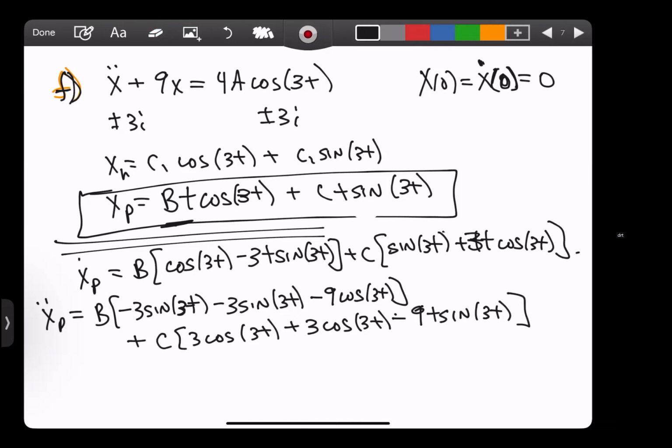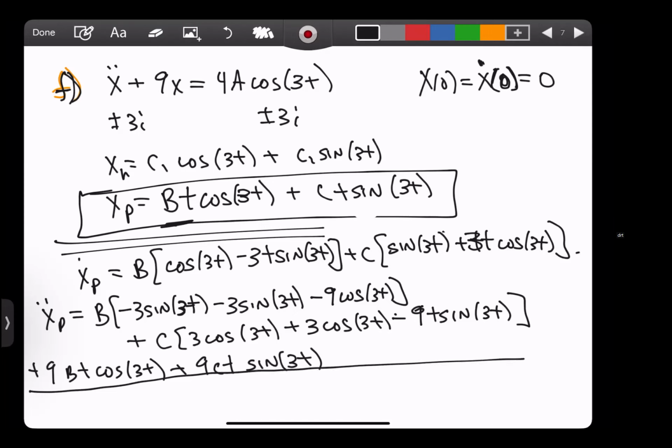Yeah, good. So we've got to now take 9 of the originals. So I'm going to add to that 9 of the originals, which is 9 bt cos 3t plus 9 ct sine 3t. That's the same c as above. And I'm going to add those up and group like terms, and I'm going to group by function.